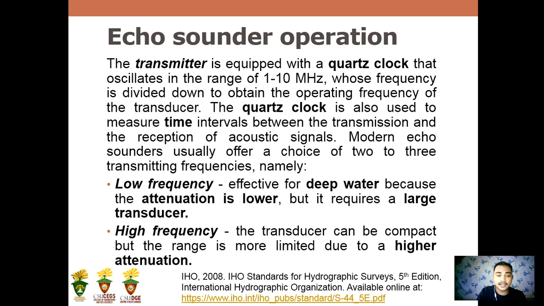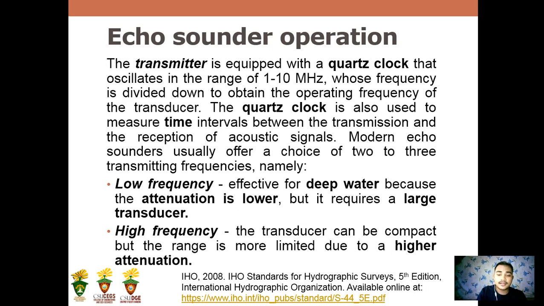So again class, si transmitter naa siya quartz clock. Kani si quartz clock karon ang mag-measure sa time, by its term clock. It's because it has a range na oscillate siya into 1 to 10 MHz. And there are 2 or 3 transmitting frequencies. We have low frequencies, which is used in deep water, tungod kay ang attenuation is lower.